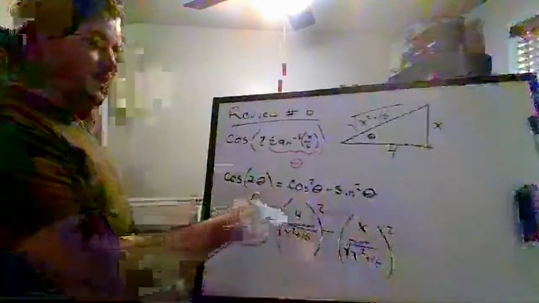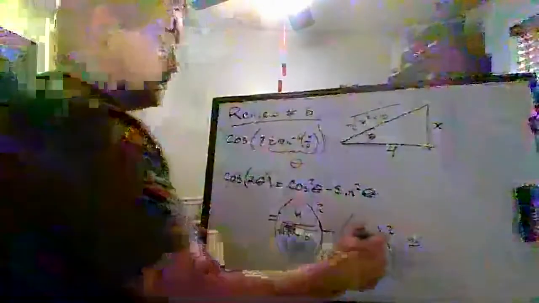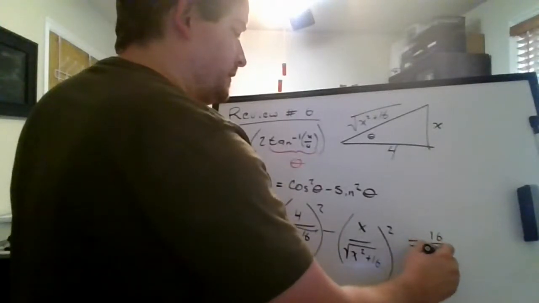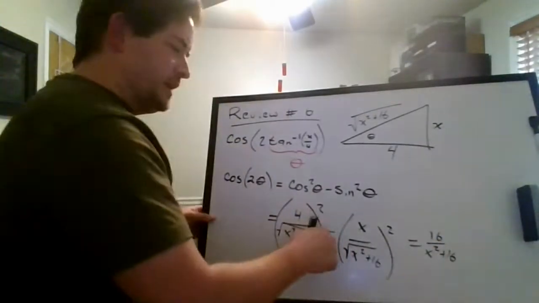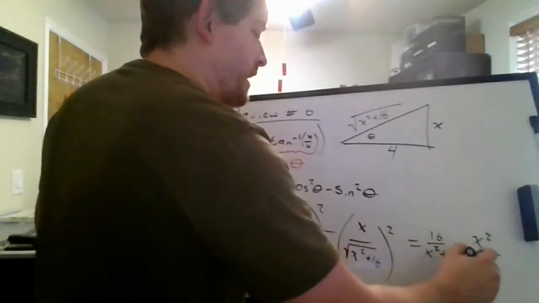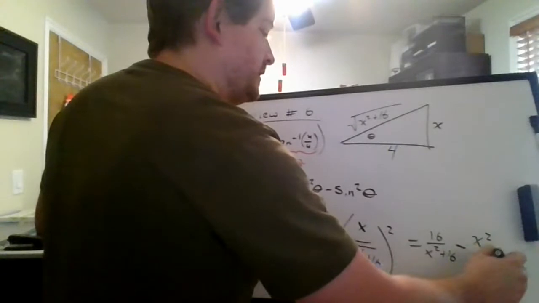And so if I simplify this, this is 16 over x squared plus 16 minus x squared over that same fraction, x squared plus 16.